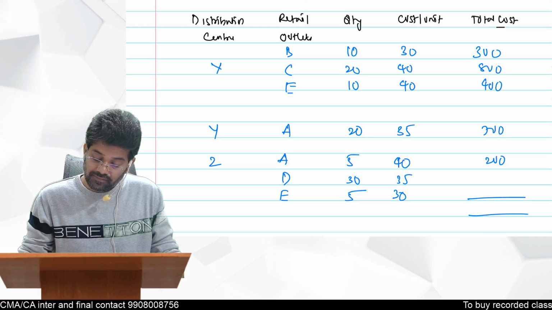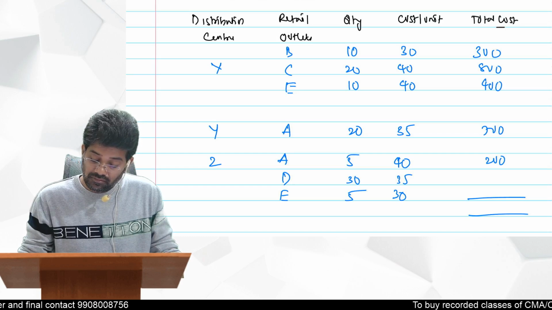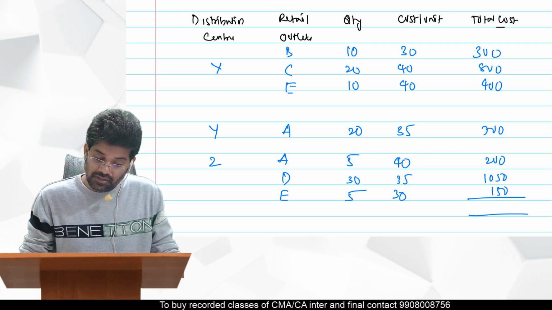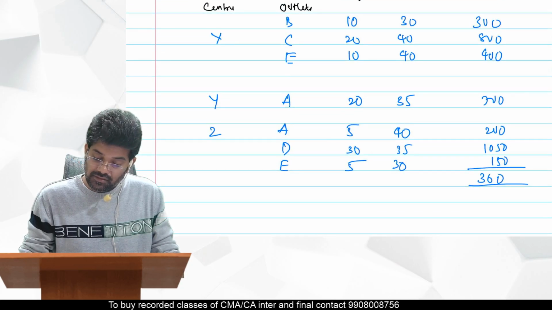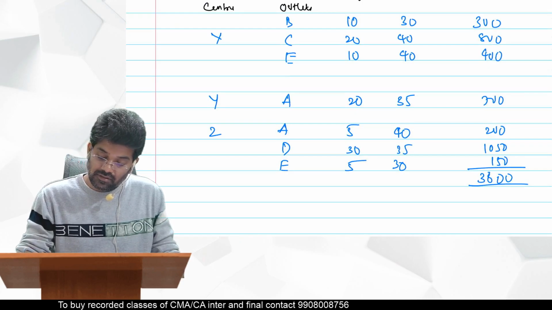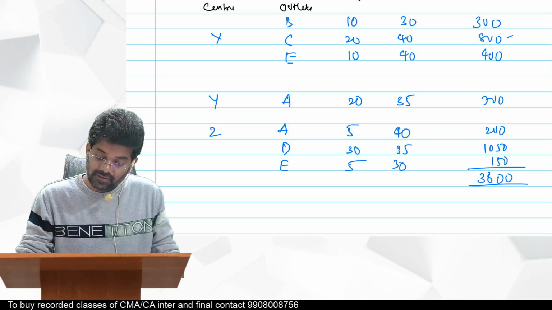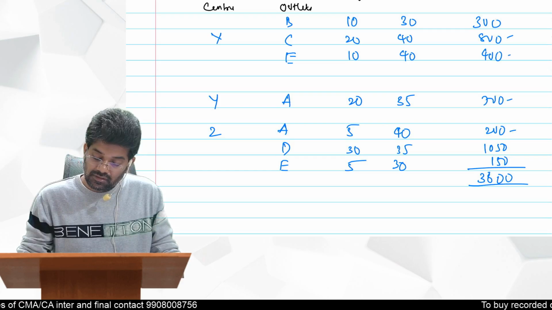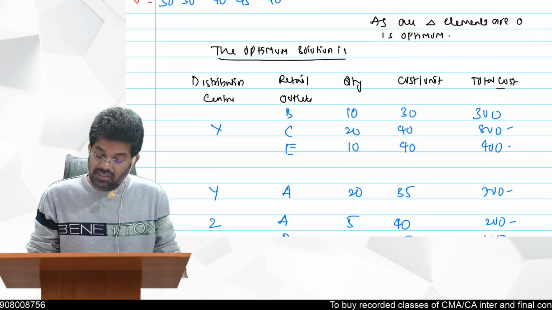This one is 30, that is 900. 900 and 1050, 150. So this total is 3600. 11 plus 4, 15, 2200, 2400, 3450. 450 plus 3600 is the answer. So what is the minimum cost is 3600.